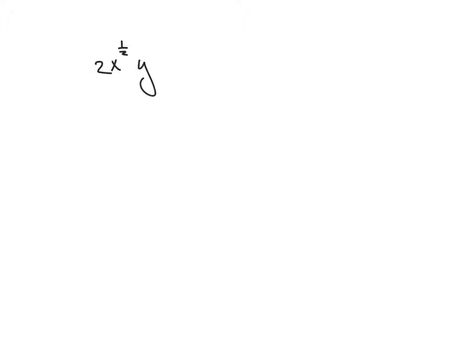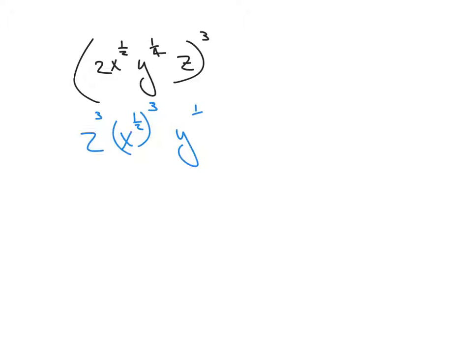Okay, that's a 1/2 power. That's a 1/4 power. That is just a z, and we are cubing that. So what does that mean? That means each of these terms gets a cubed. So the 2 cubed is 8.